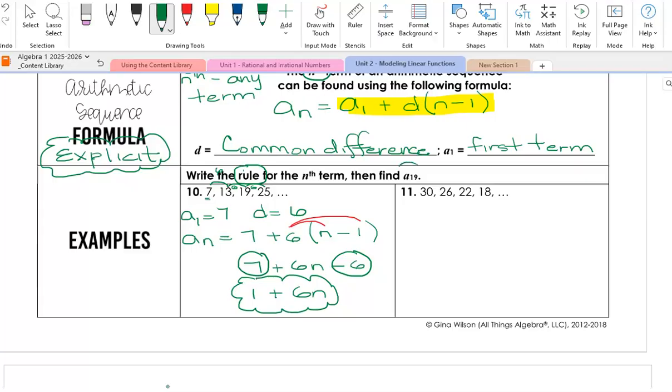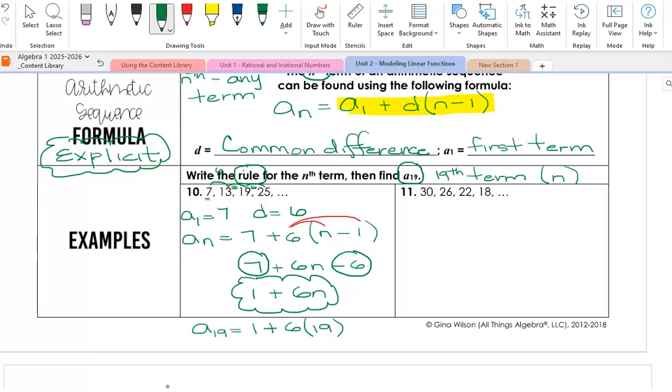Now it also asked, can you find this term? This is the 19th term. So it goes where n is. So the 19th term equals 1, we're going to use our rule, 1 plus 6 times 19.